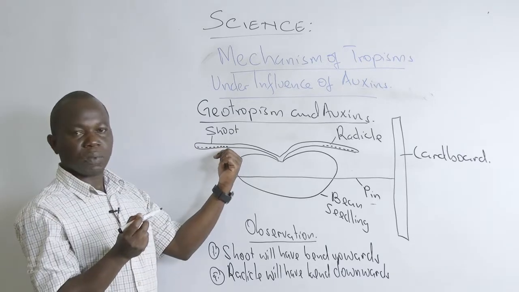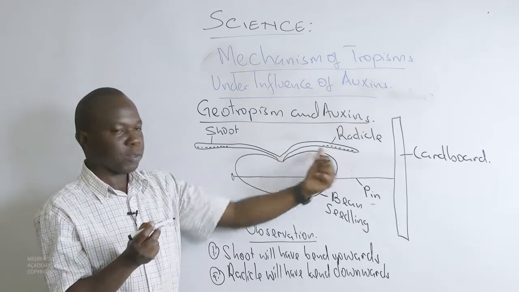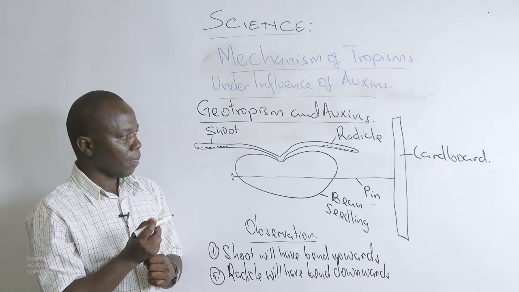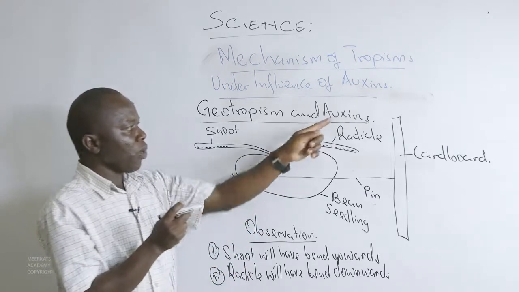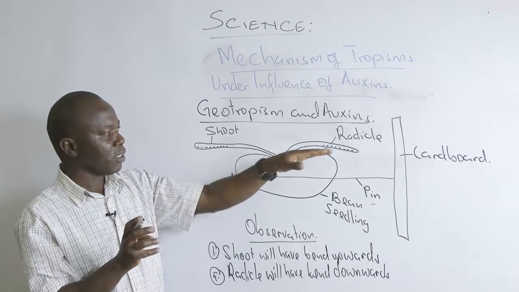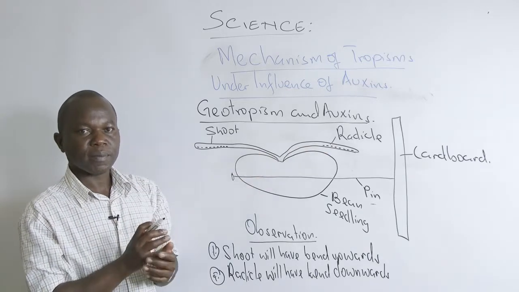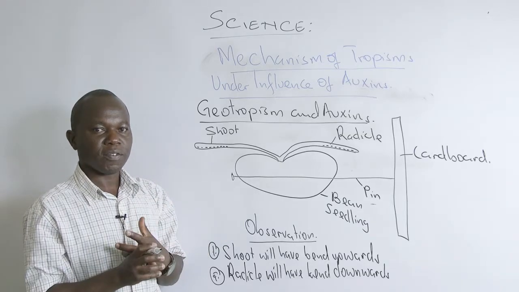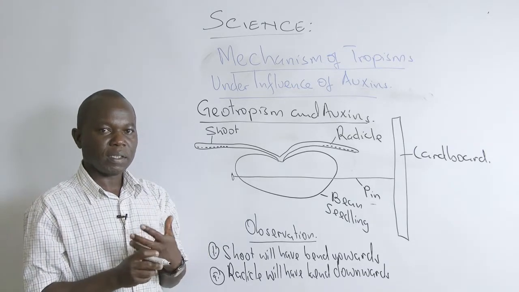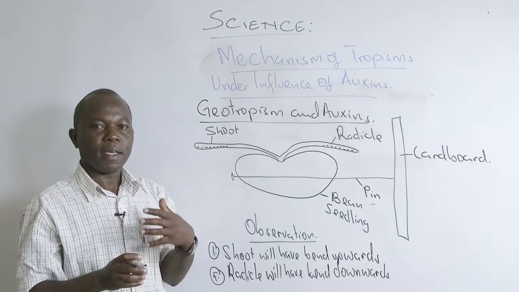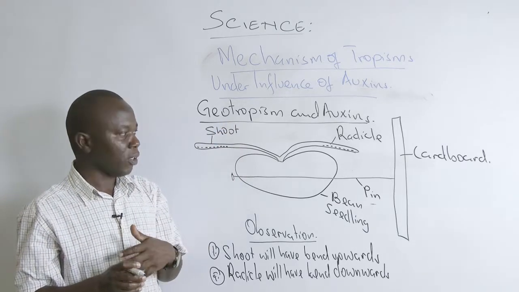So auxins will accumulate at those parts, the shoot and the radical. We said that auxins has two slightly different effects in shoot and roots. In the shoot, auxins have a stimulatory effect. In other words, in the shoot, auxins will stimulate cell elongation.